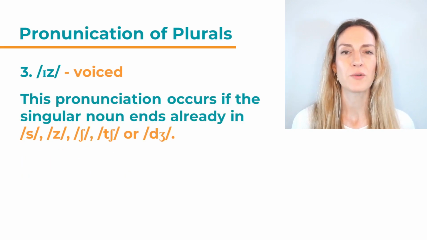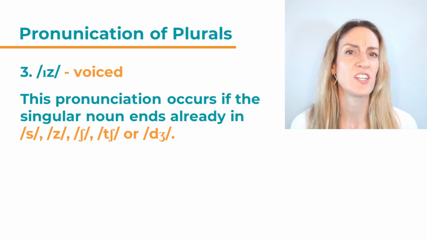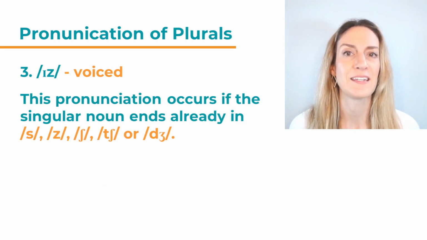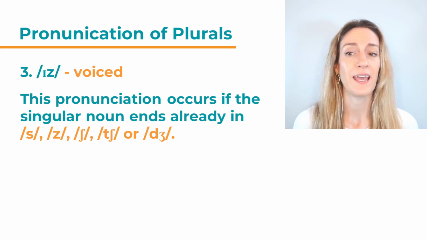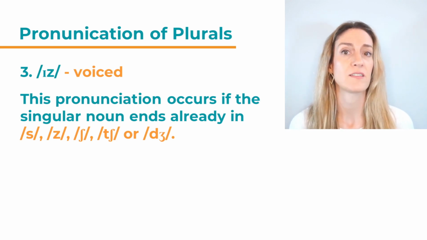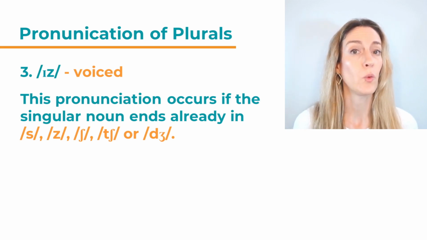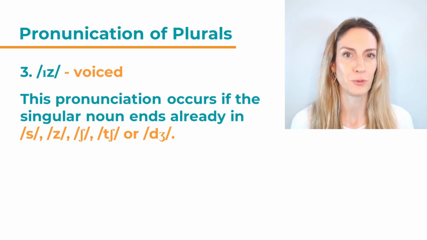Well, all of those sounds have already an s, z, sh, ch, j, and that means we have to add "iz". Okay, so if a singular noun ends in one of those sounds, s, z, sh, ch, or j, we need to add "iz" to show the plural form.